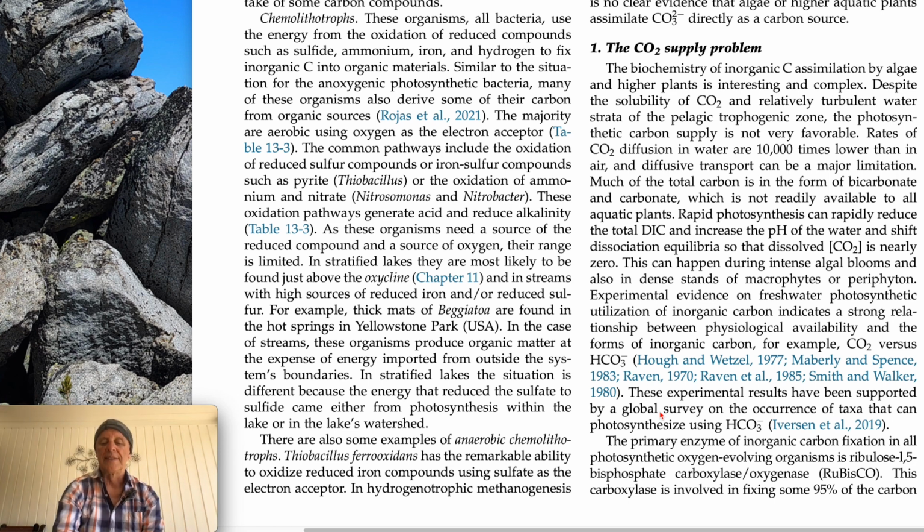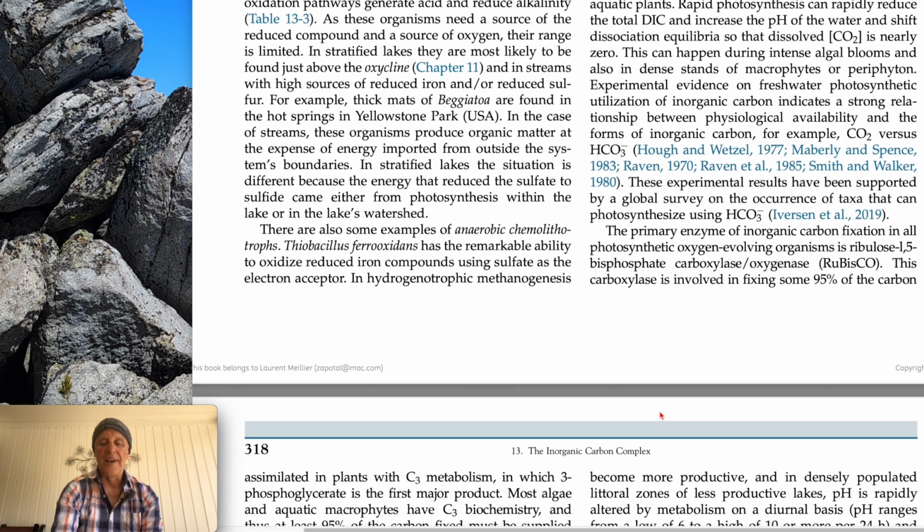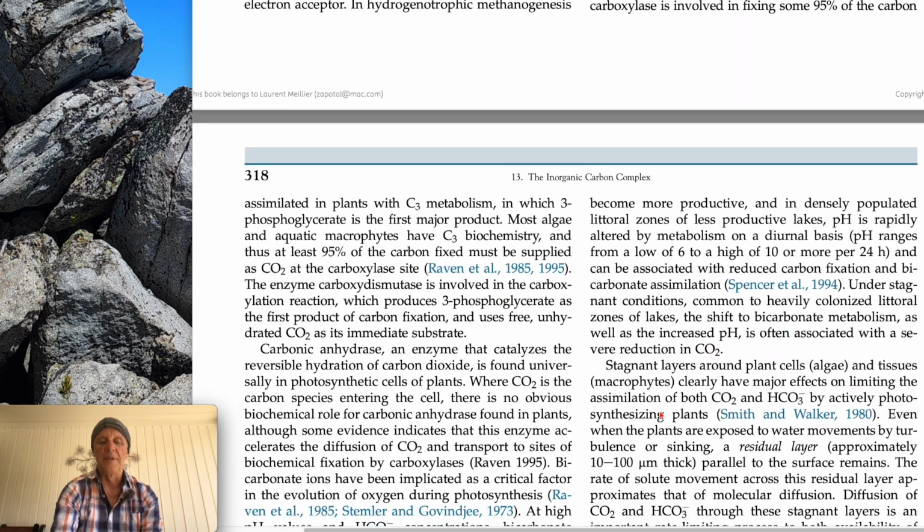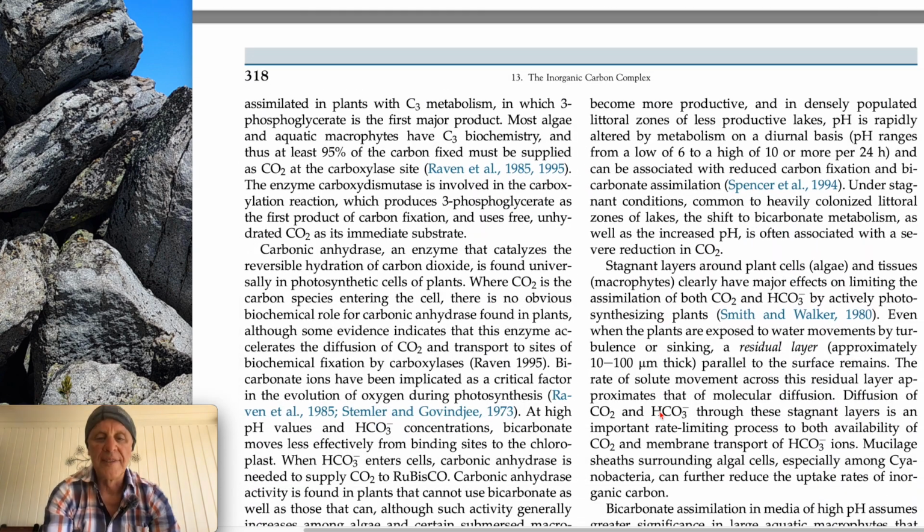This carboxylase is involved in fixing some 95% of the carbon assimilated in plants with C3 metabolism, in which 3-phosphoglycerate is the first major product. Most algae and aquatic macrophytes have C3 biochemistry, and thus at least 95% of the carbon fixed must be supplied as CO2 at the carboxylase site.